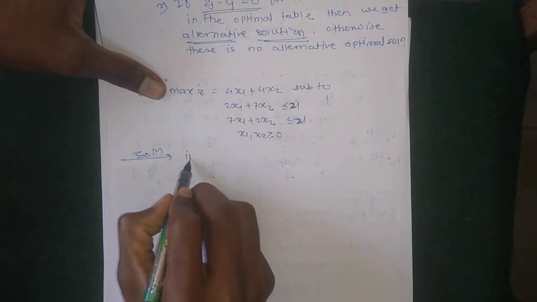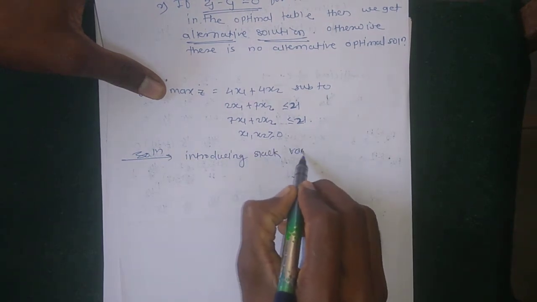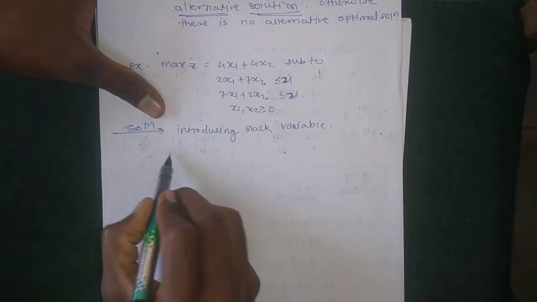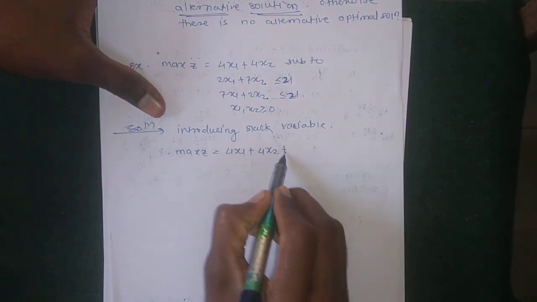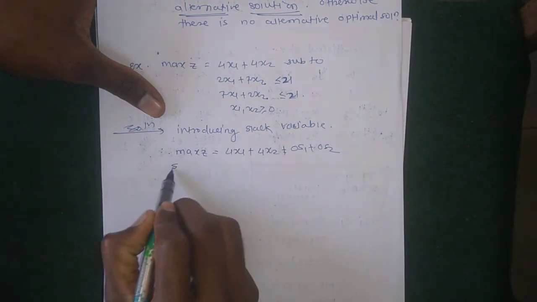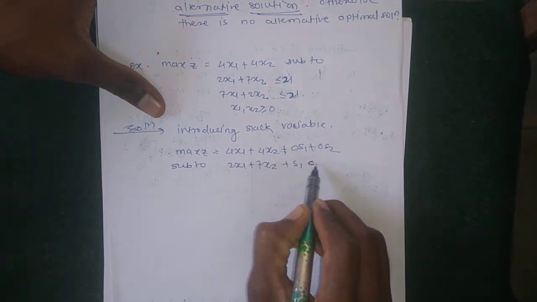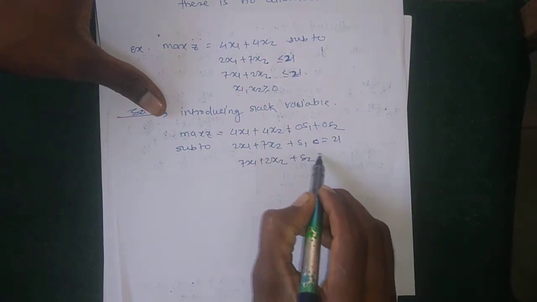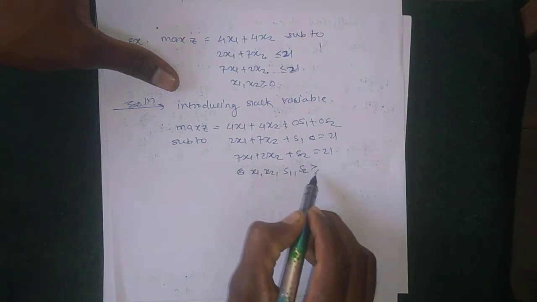So directly we write, introducing slack variables, add two slack variables and put their cost in the objective function as 0. Therefore maximize Z equal to 4x1 plus 4x2 plus 0s1 plus 0s2, subject to 2x1 plus 7x2 plus s1 equal to 21, and 7x1 plus 2x2 plus s2 equal to 21, and x1, x2, s1 and s2 are greater than or equal to 0.